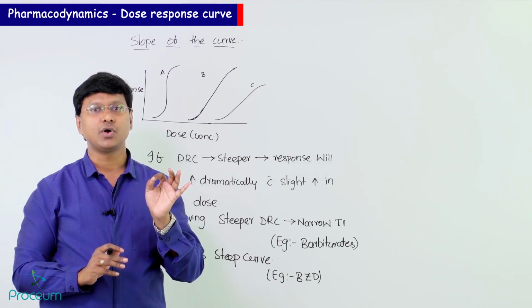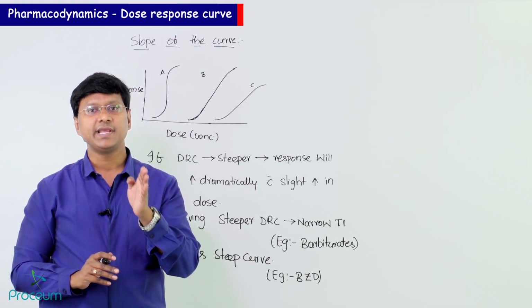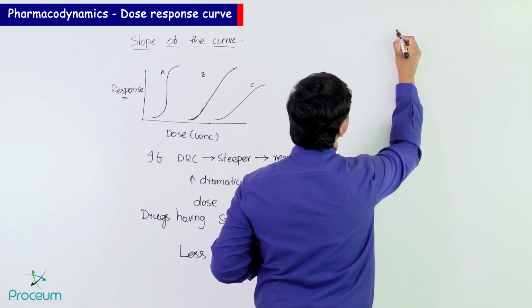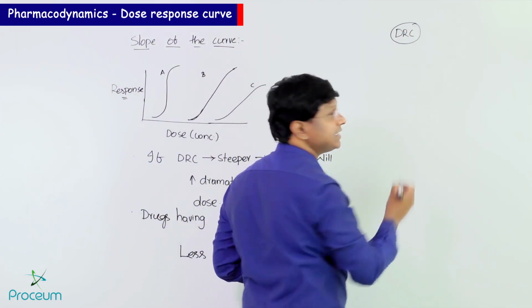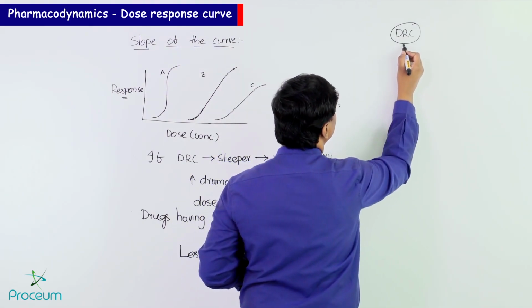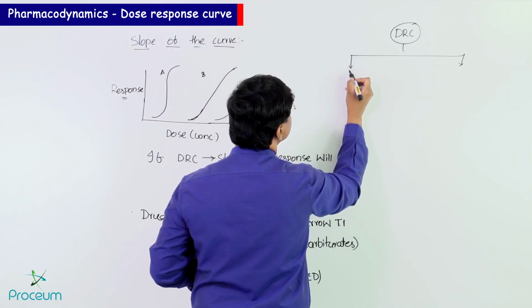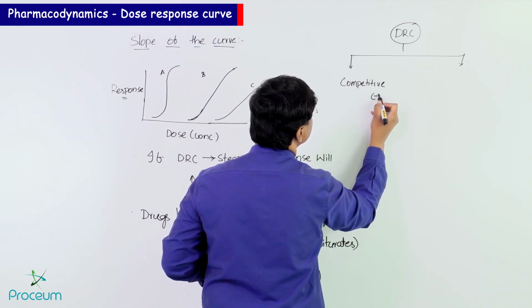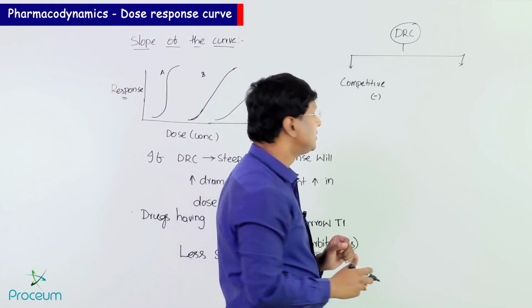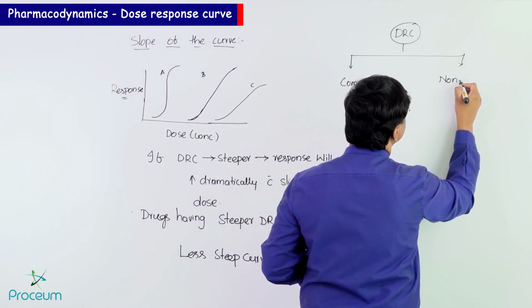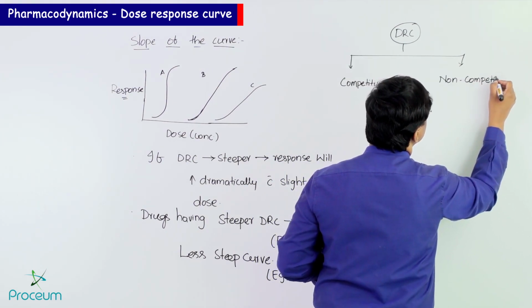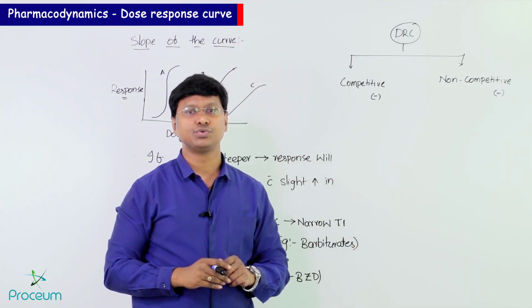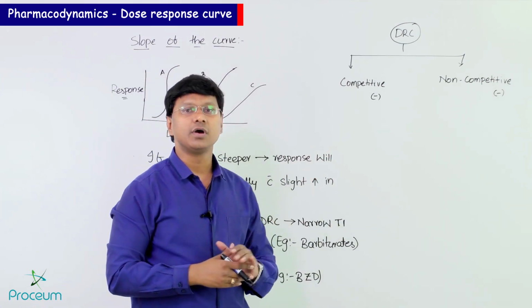The dose response curve can also be utilized to know whether a drug is a competitive or a non-competitive inhibitor.